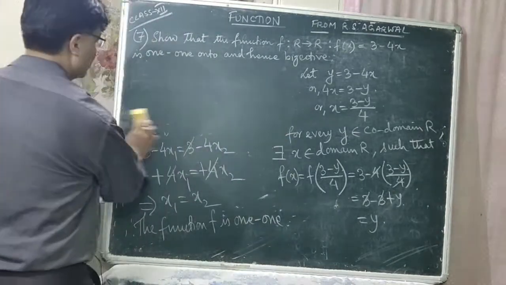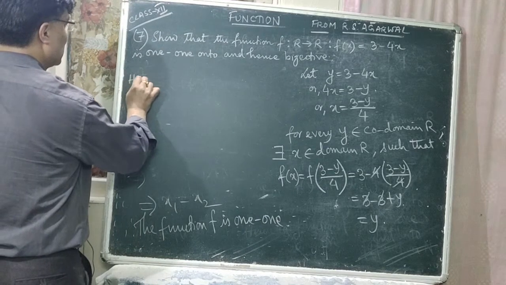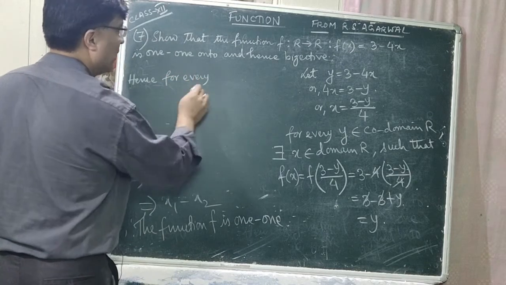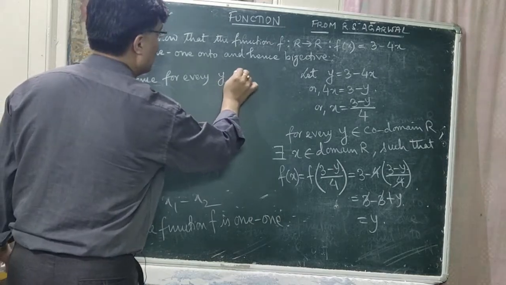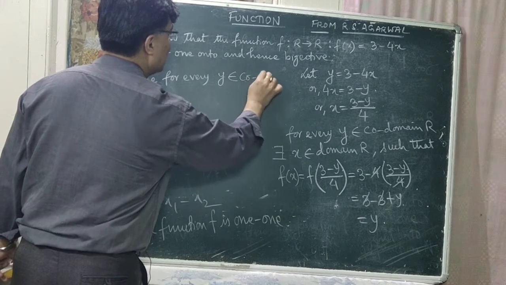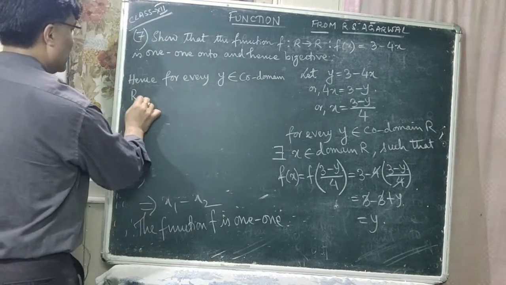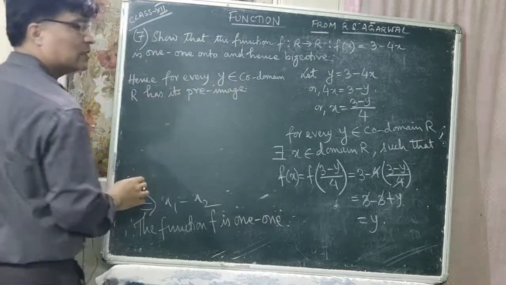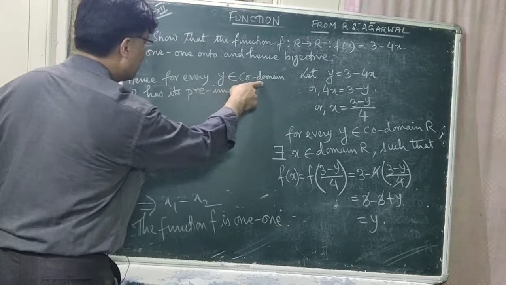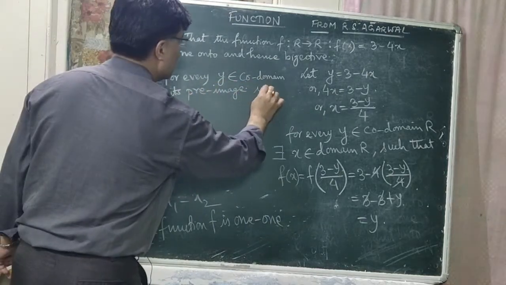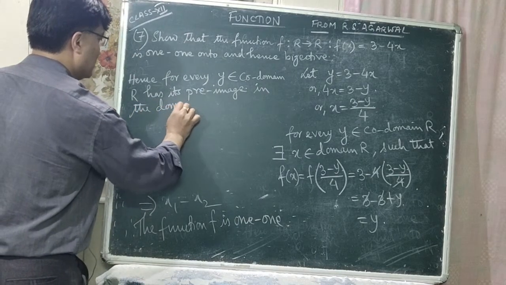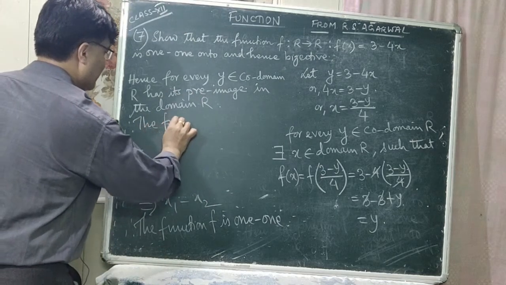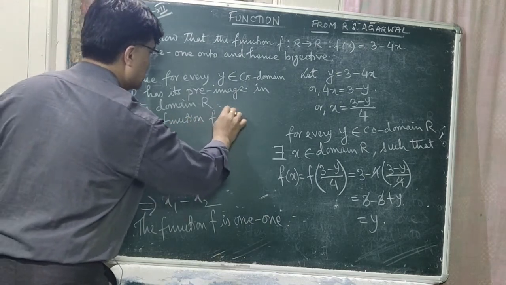So here you can write, hence for every y belonging to the codomain R has its pre-image in the domain R. So therefore the function f is an onto function.